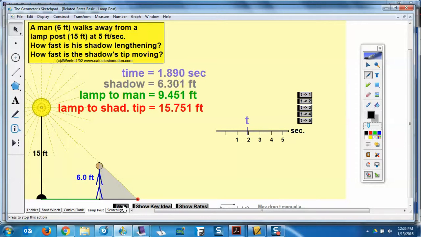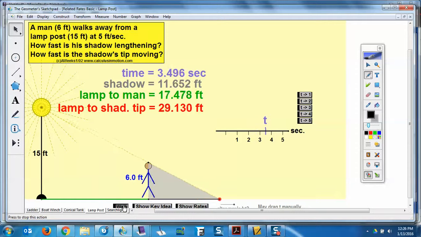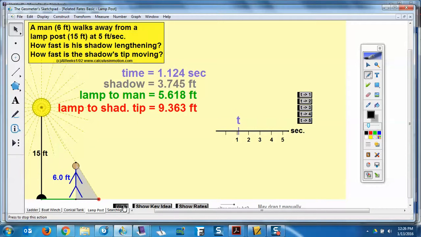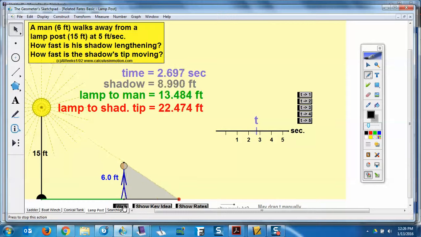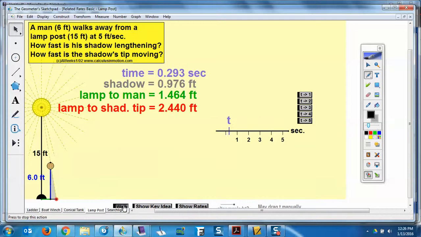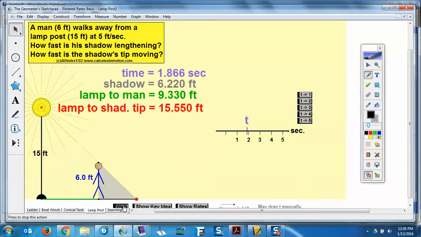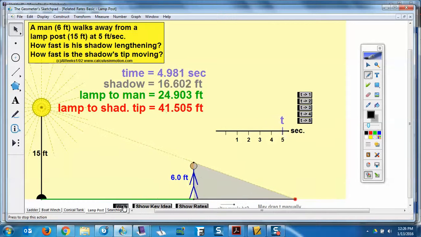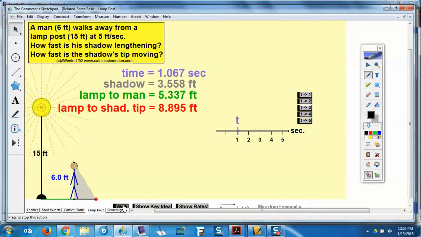But the question that's not asked, that is often asked in problems similar to this, is that red dot. How fast is the tip of his shadow moving? Is that the same as the rate that the black segment is increasing?